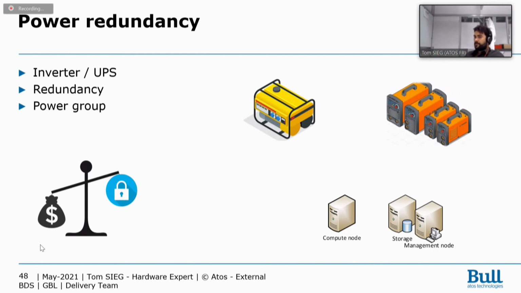The management node is more for the life of your cluster. It's a node that will be able to restart your cluster properly, to redeploy your cluster in case of problems, to manage your cluster, so you don't want to interrupt it. The management node is the main part of your cluster, and you have to take care of it.